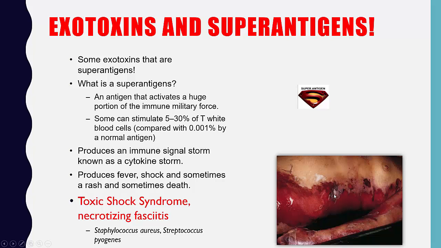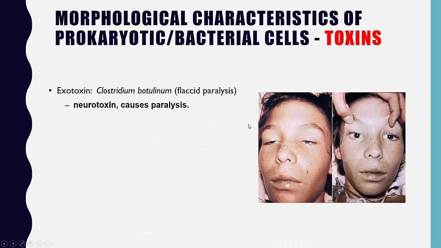This will kill you, right? Now, it turns out that both group A strep and staph can cause this, but mostly group A strep. They do make other toxins as well as the superantigen toxins, but this is not something you want to have happen, right? All right, what about another exotoxin?